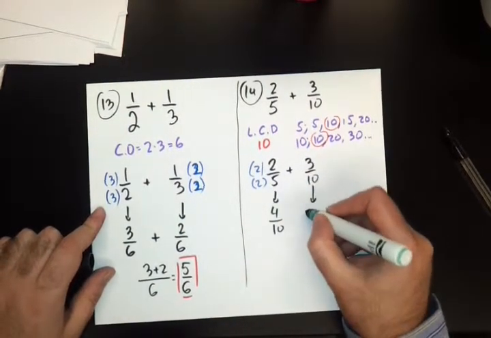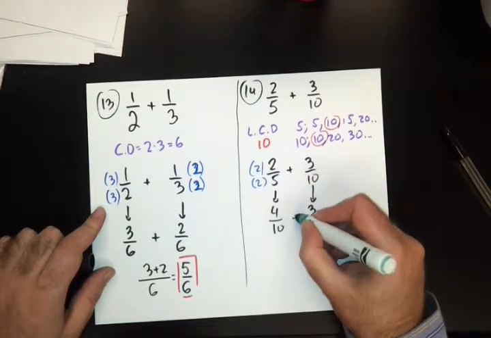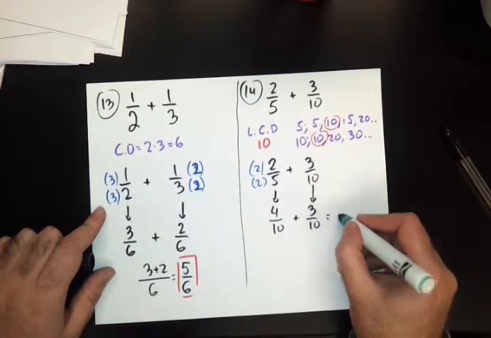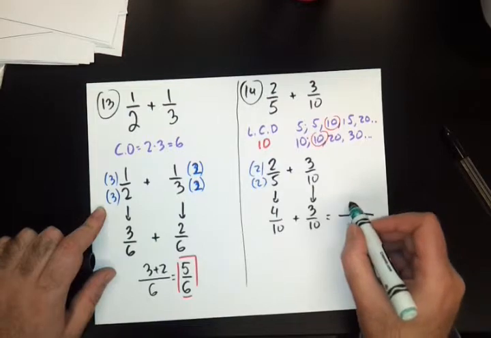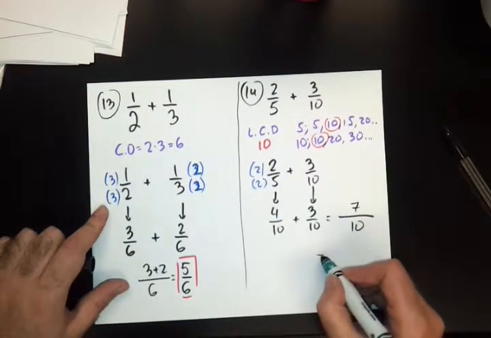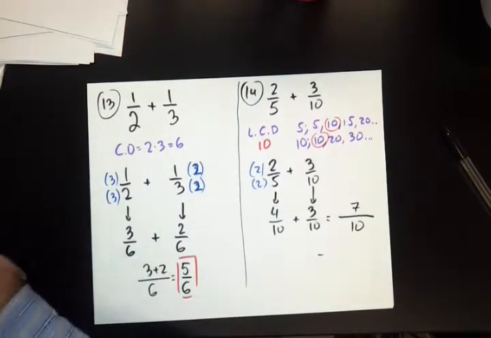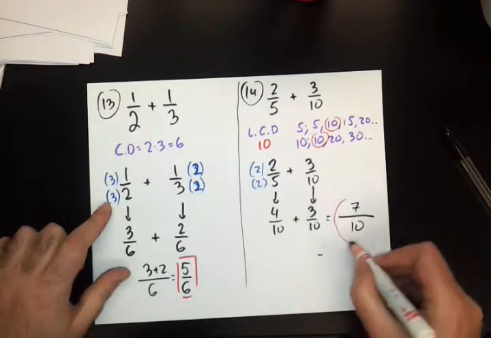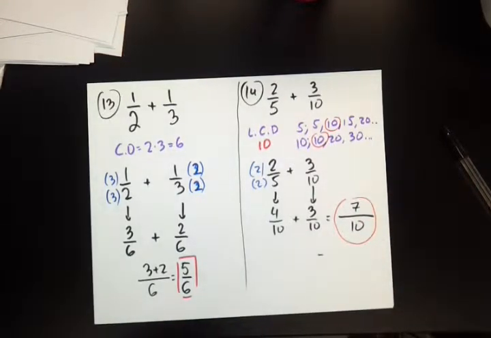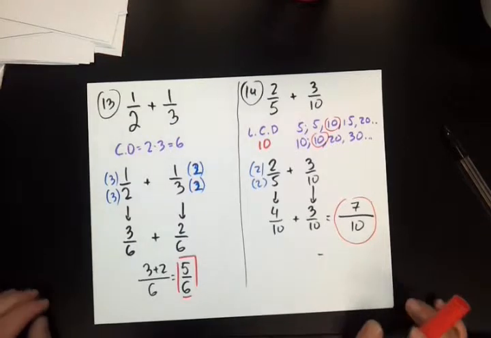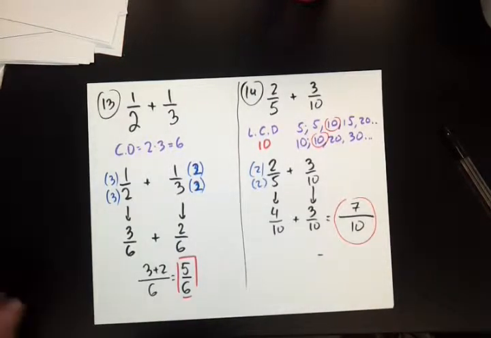I'm going to rewrite this one as is, because it required no modifications. Common denominator 10. 4 plus 3 is 7. Well, that's the answer. 7 over 10. As simple as that. Alright, moving on to number 15 now.